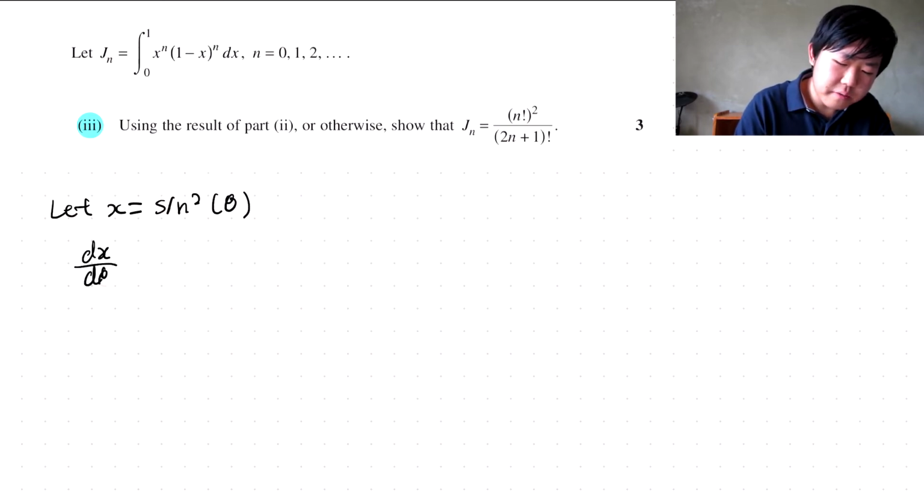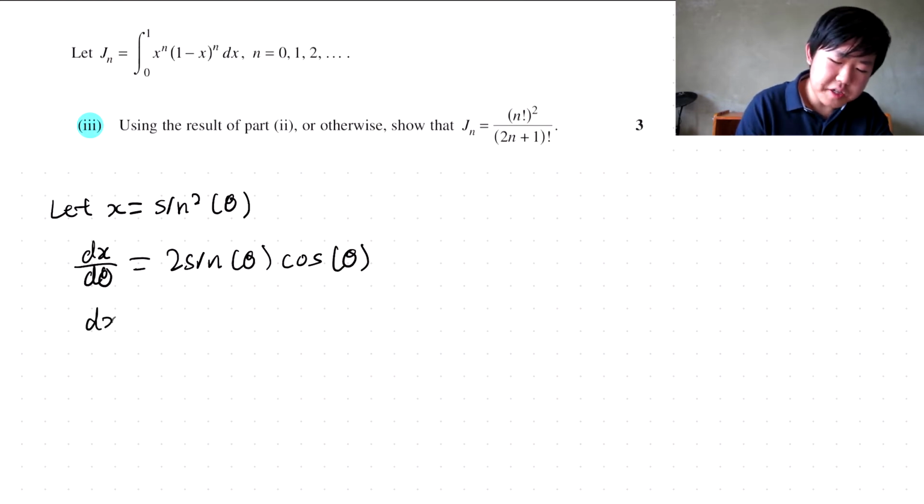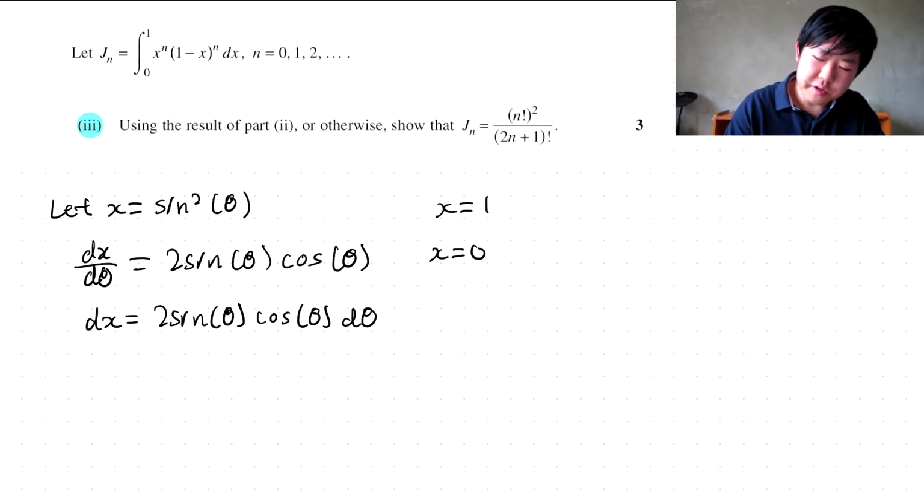Dx over d theta, we need to find what that is. So that's 2 sine theta. And then by the chain rule, cos theta. And then dx is going to be 2 sine theta cos theta d theta. And then we need to find the new bounds. So x equals 1, x equals 0.